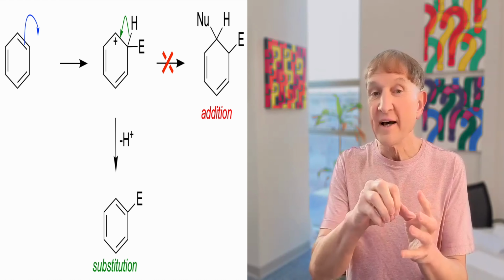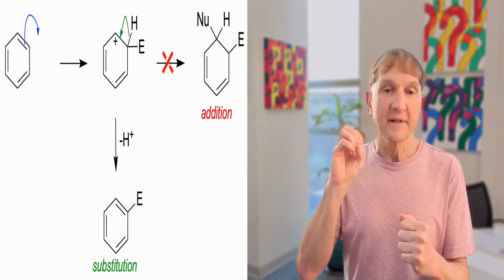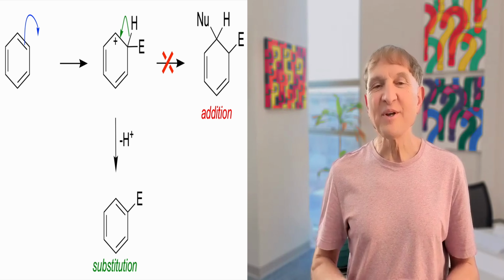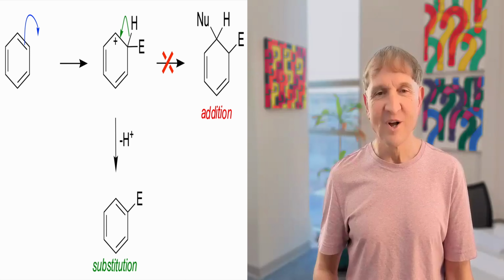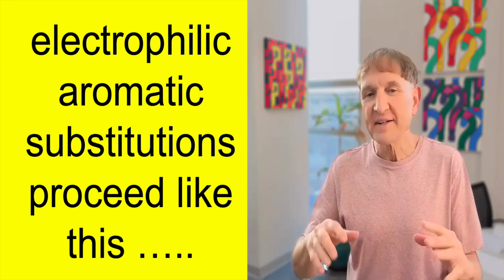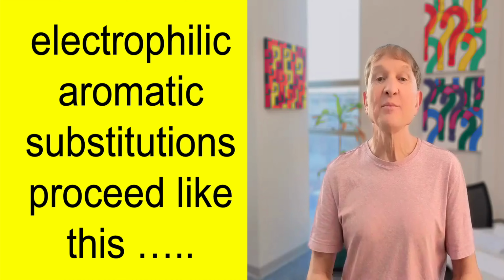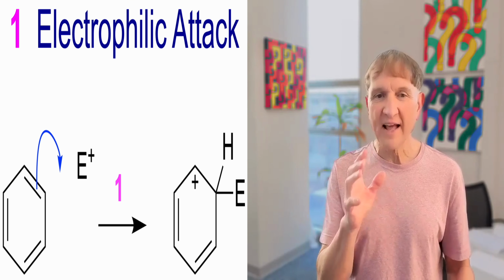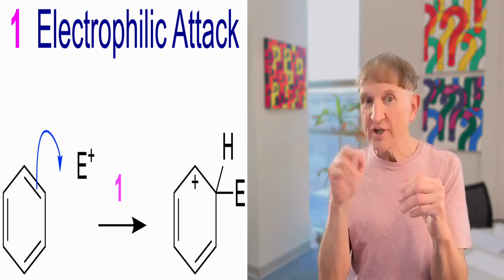We've taken away a proton and we've replaced it by E+. Please commit that to memory because it's general, it's useful. All electrophilic aromatic substitution reactions on benzene proceed like this. Step 1, always the same: the electrophile adds, giving a carbocation, the tetrahedral intermediate.